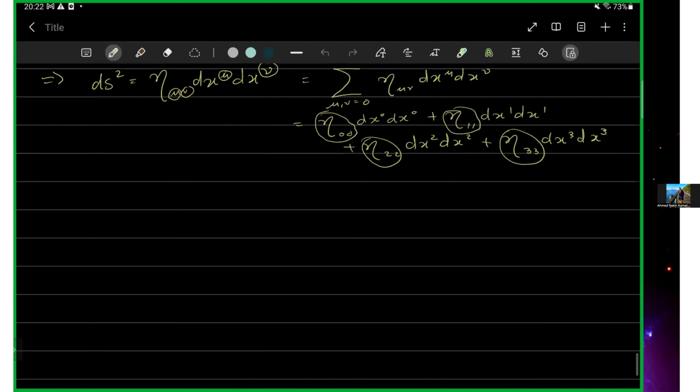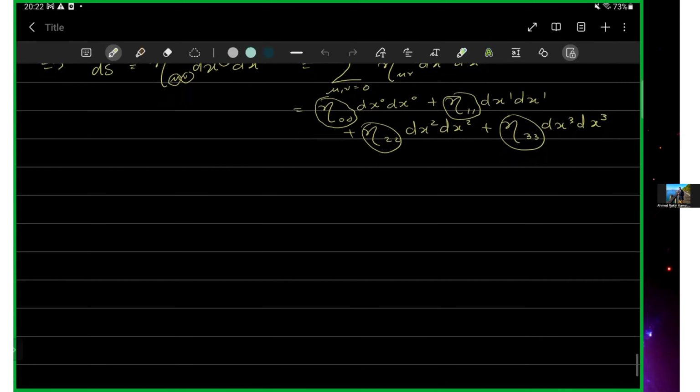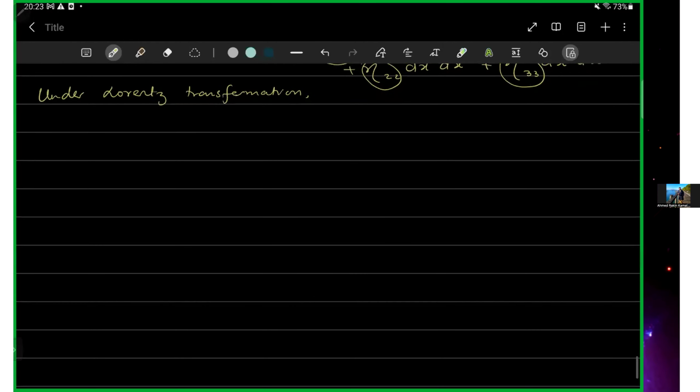So now moving on from here, we can also write the Lorentz transformation in tensorial form. Under Lorentz transformation, you would have the space-time 4-vector.